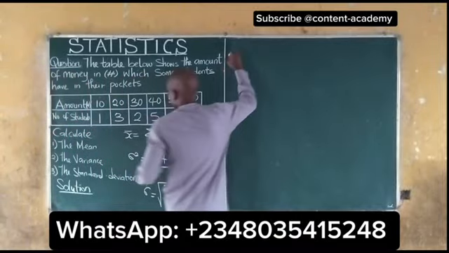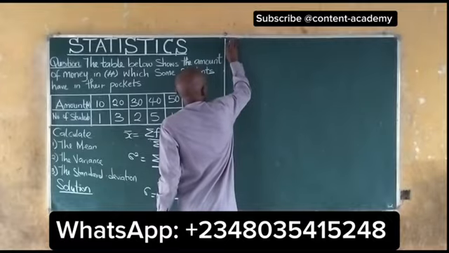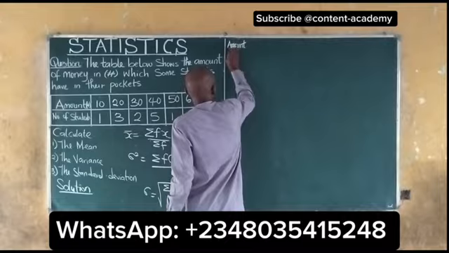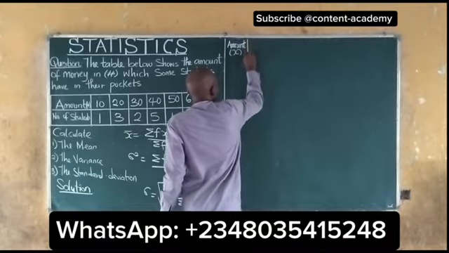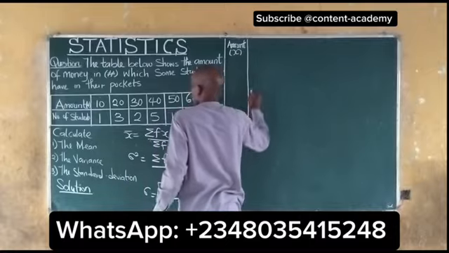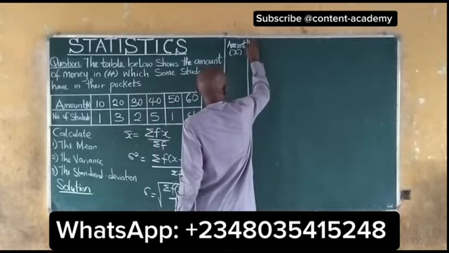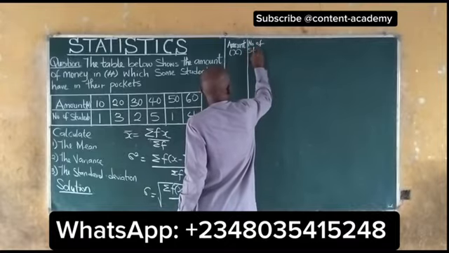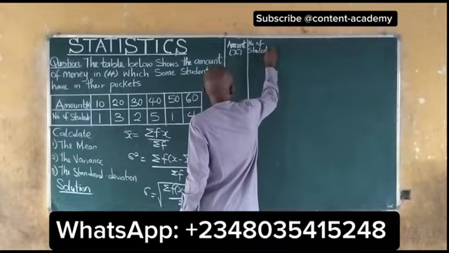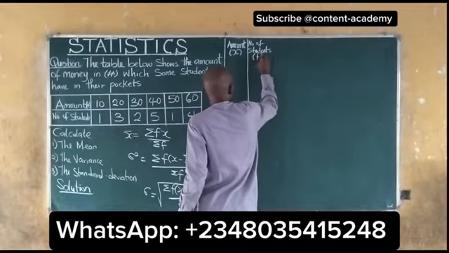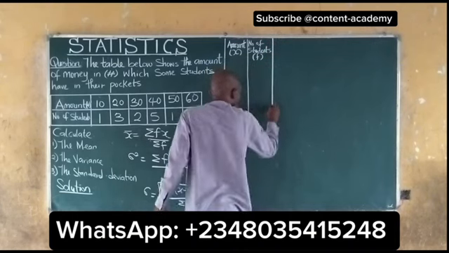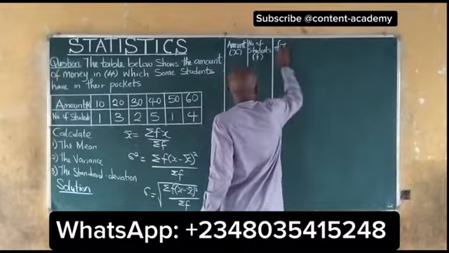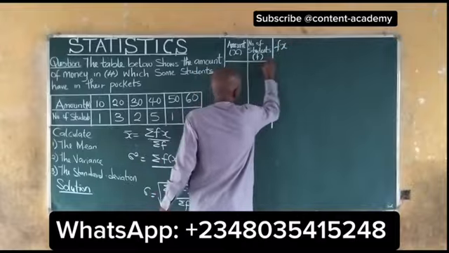Now, we have amounts, which is our x values. We have number of students, which is our f values, which is the frequency. Of course, we also have f of x, but first let's start with this.